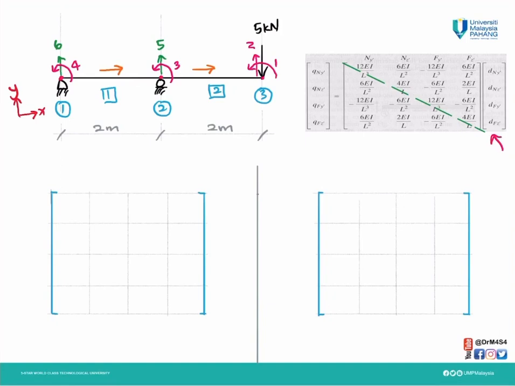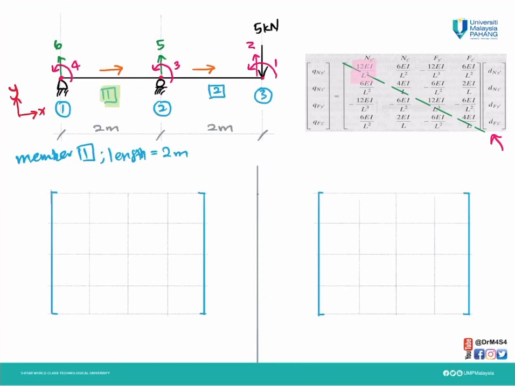Now let's do member 1. Member 1, length is 2 meters. Then let's define these values first.